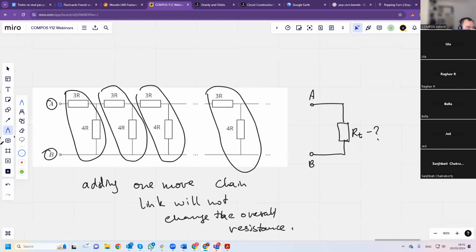So what is adding one more? Well, adding one more literally means taking the full resistance, and adding 3R here and a 4R here.